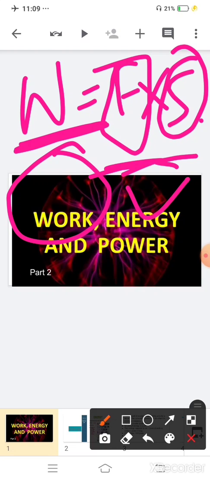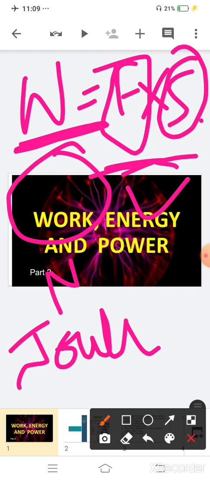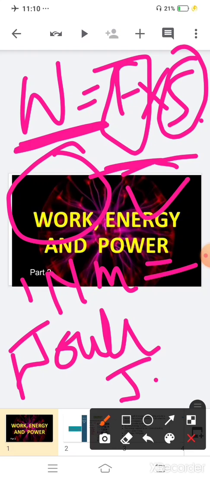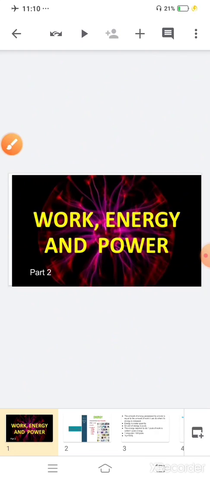If we are talking about the SI unit of work, it is joule. Basically it is Nm, but Nm is equal to joule. So 1 joule is equal to 1 Nm, and work is represented by capital J. Since it is an SI unit, it is a scalar quantity. Work is a scalar quantity.